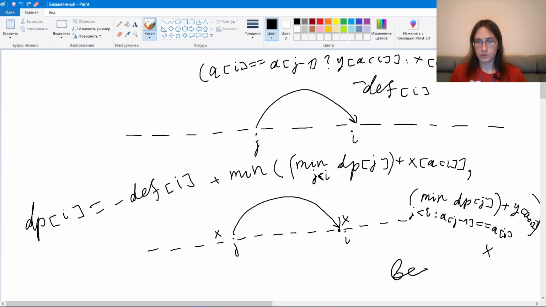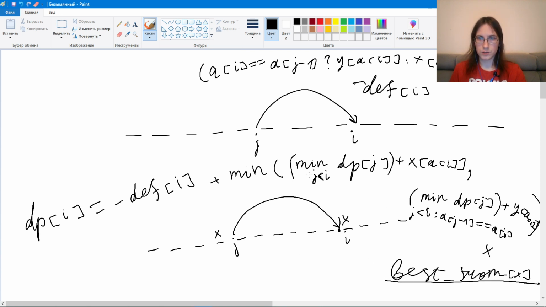We'll call it best from x. So the best jump we can do from such a specific value of x. And by from, I mean that it must be previous to j, so on position j minus 1. Best from will be just this minimum dp for such x, for a i equal to x: the minimum dp of j where a j minus 1 is equal to x. And obviously, we can also easily keep track of this.